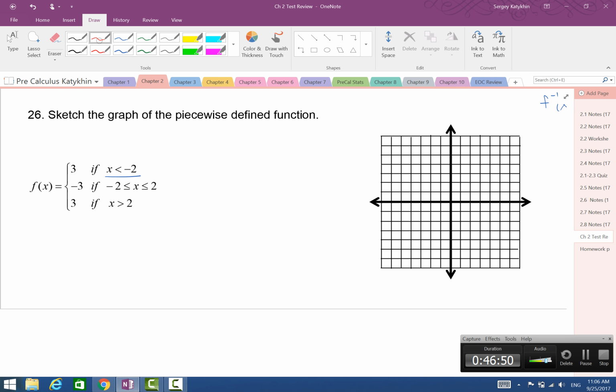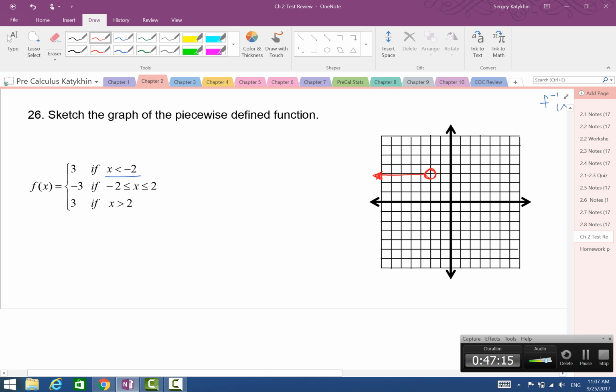So when I graph this function at -2, +3, I'm going to have an open circle, and I'm going to go this direction because x has to be less than -2.